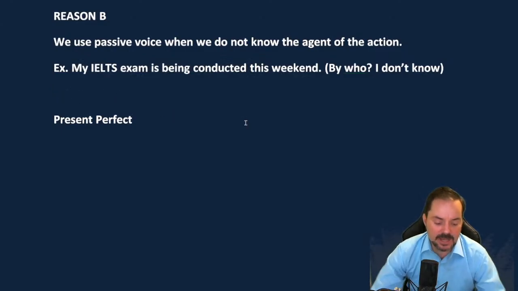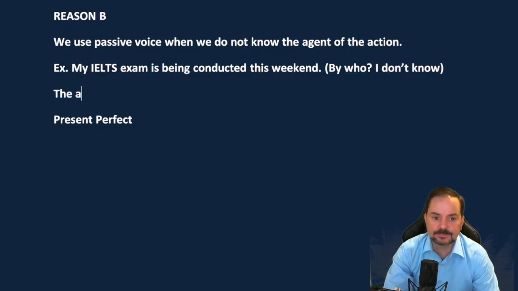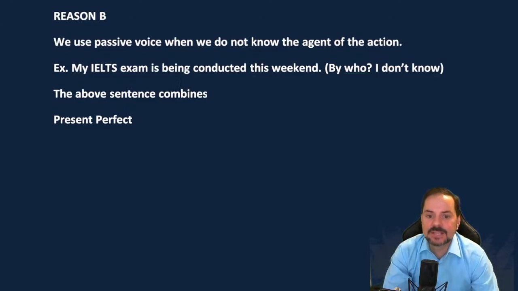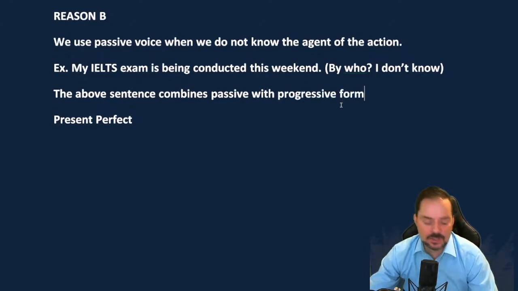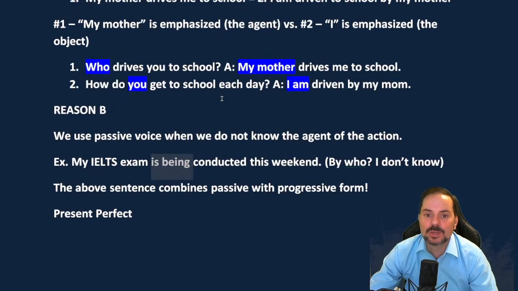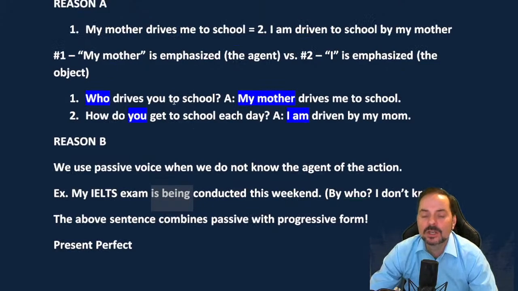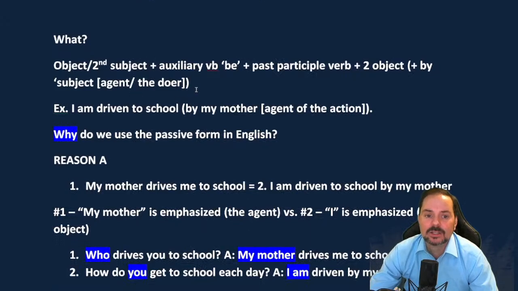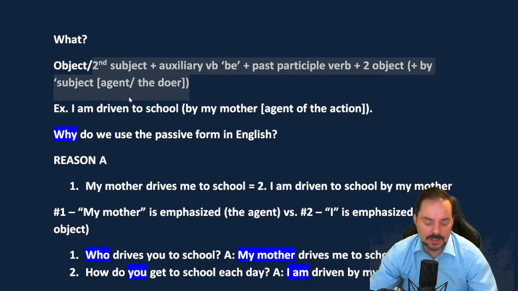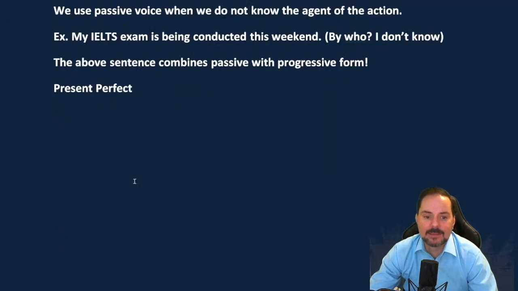So here I've combined, the above sentence combines passive with progressive form. Okay, so here you notice that it is being. So we need two be verbs, the second one showing that it's a continuous form. So if I go back to the grammar here, right?